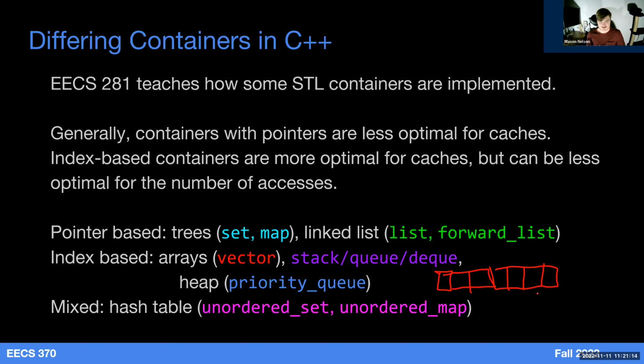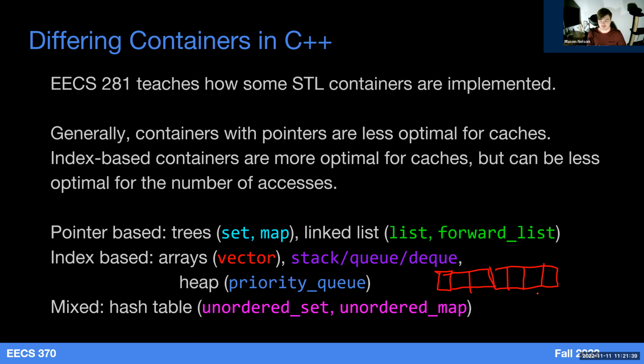One thing that's kind of mixed is our hash tables. So these are our unordered sets and our unordered maps. You might remember that our hash tables start off with a set of pointers. And so each pointer points to a vector of different elements, and that's kind of like our bucket for our hash table. But in order to get to that vector, we have a pointer.